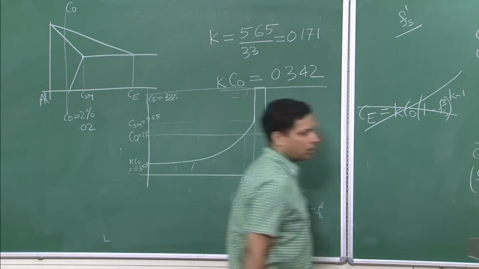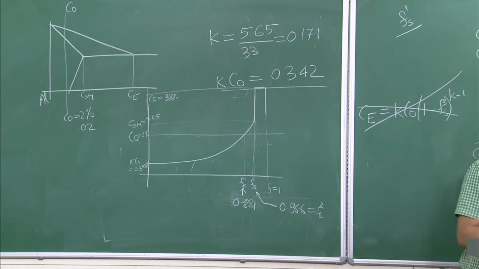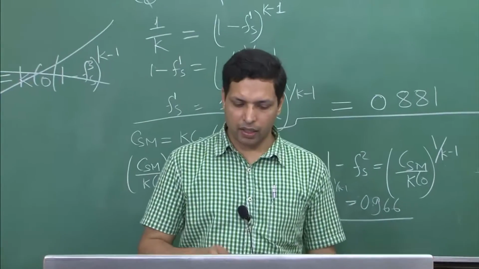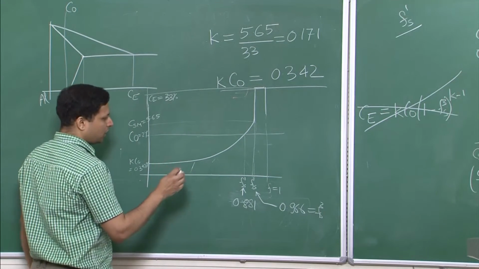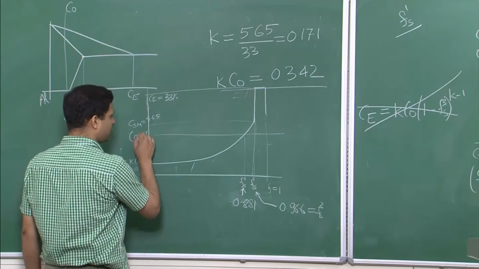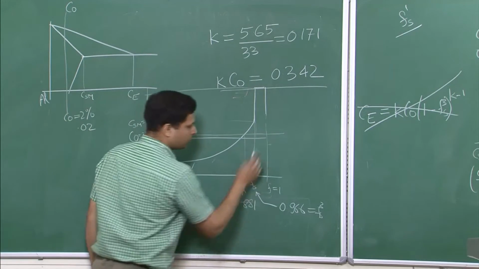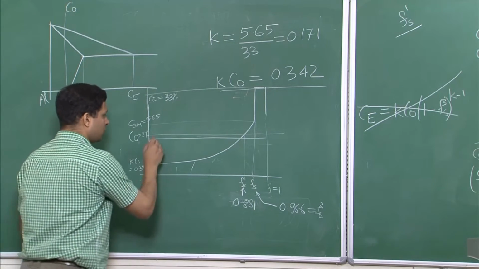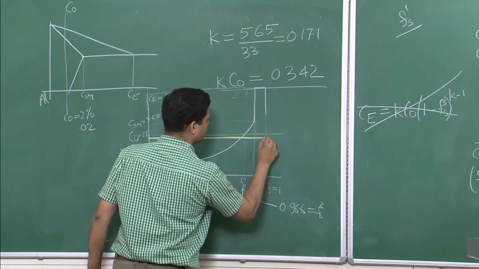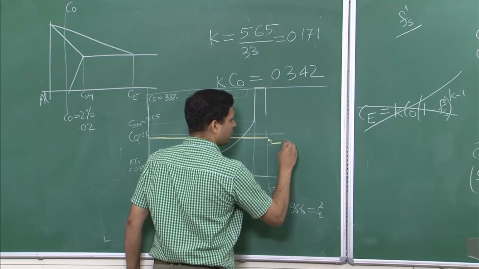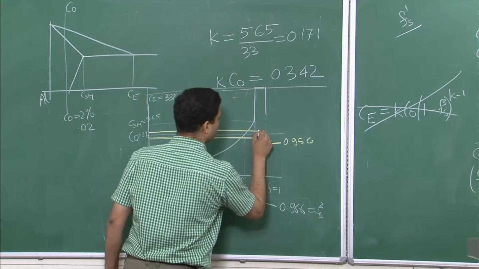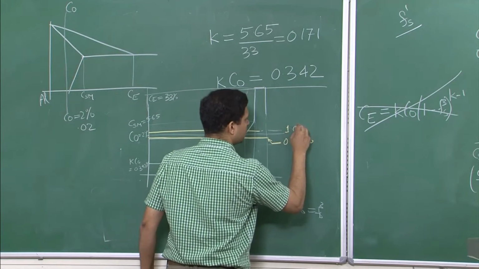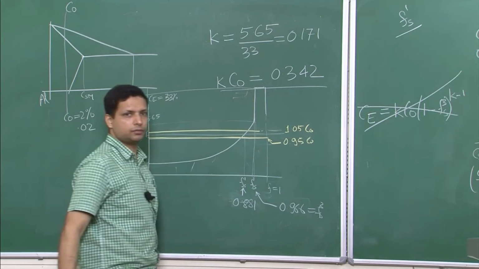Now there is still another part in the question which says what fraction of the ingot is within plus minus 5% of the average concentration, which means we have to find the delta Fs that lies around C naught. Let me use a different chalk for this to emphasize. So we can say this is 0.95 C naught, and this is 1.05 C naught.